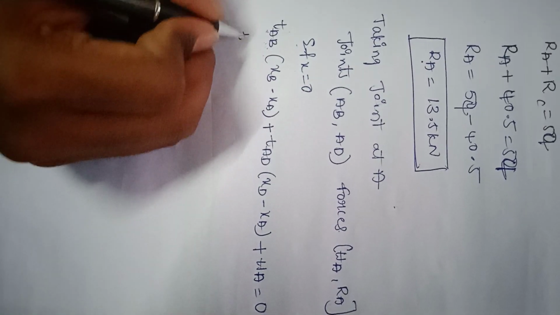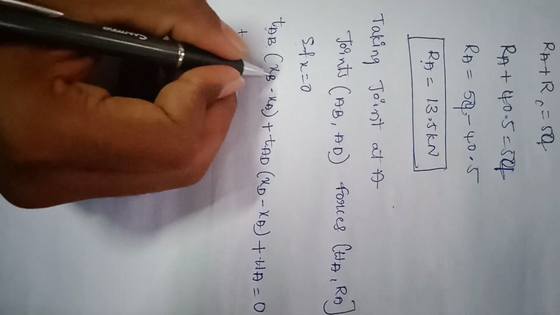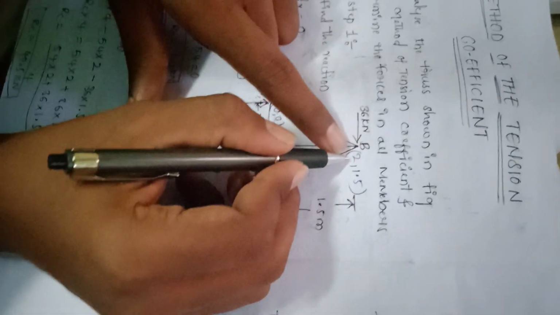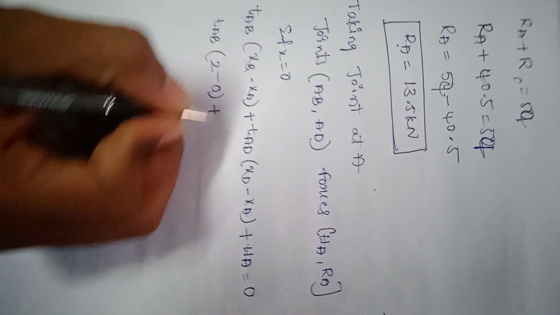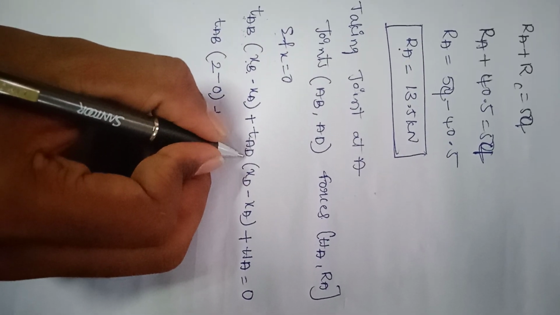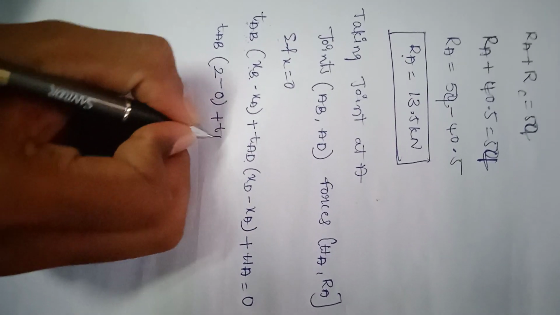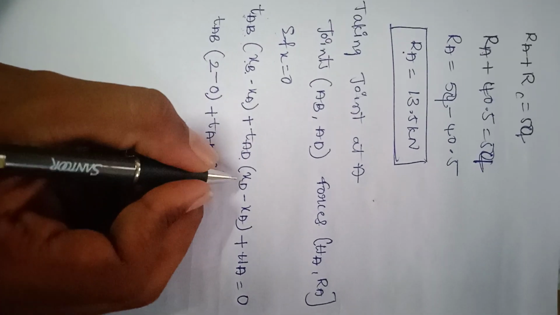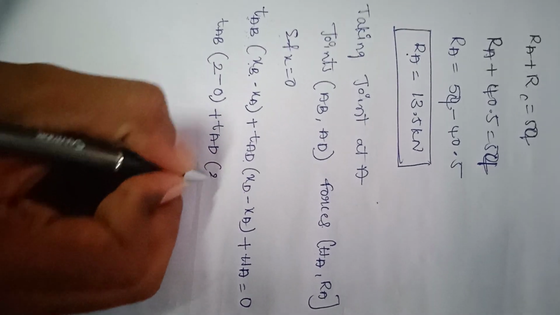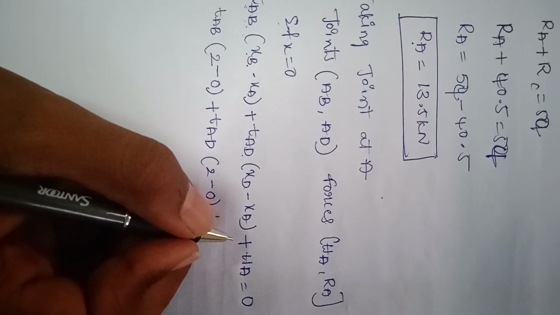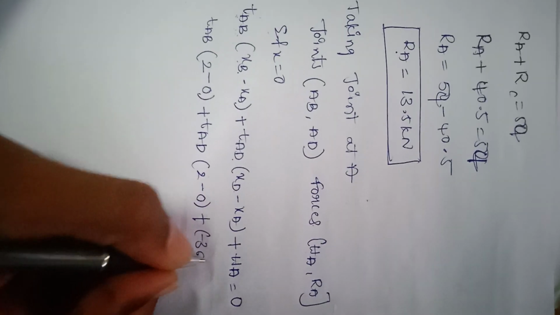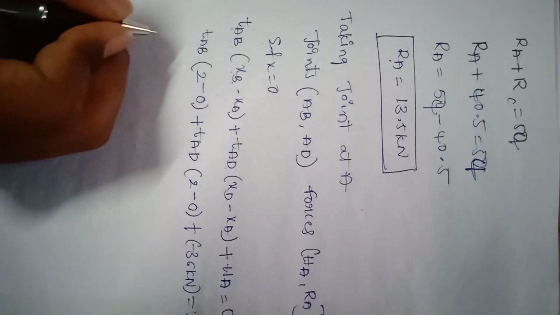Therefore T of AB into 2 minus 0, plus T of AD, which we don't know and are going to find, into 2 minus 0, plus horizontal HA, which we got as minus 36 kilonewtons, equals 0.